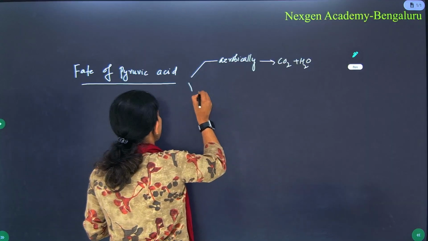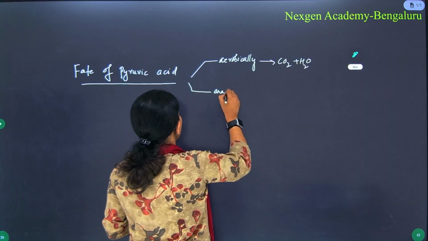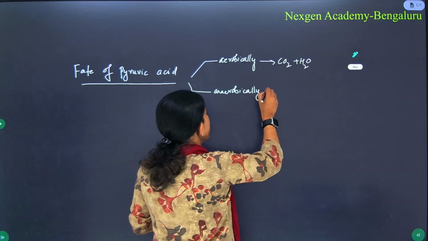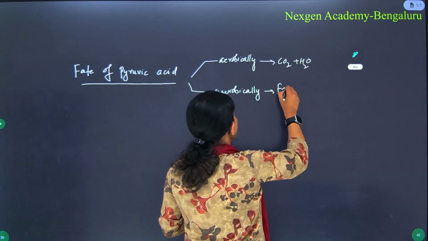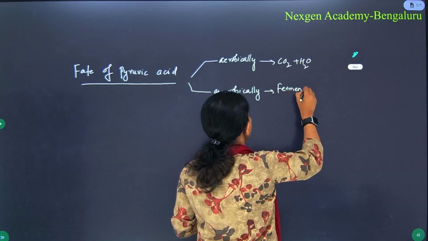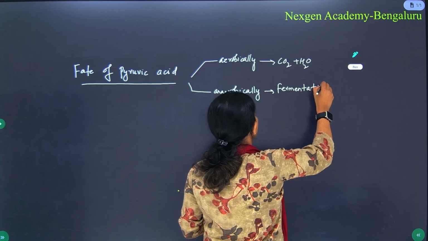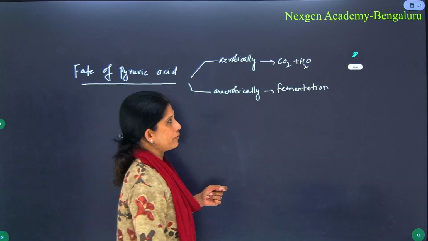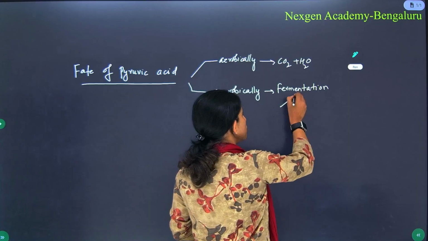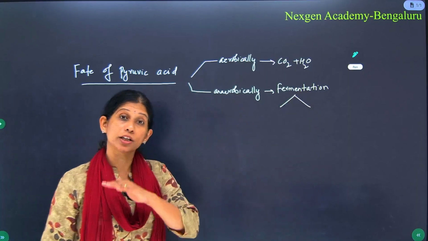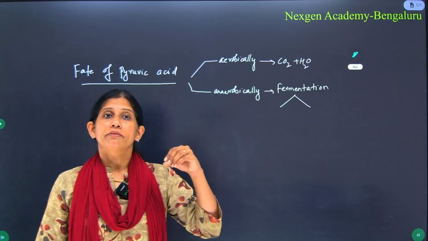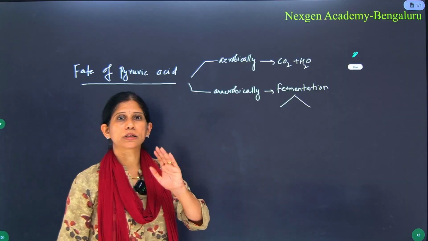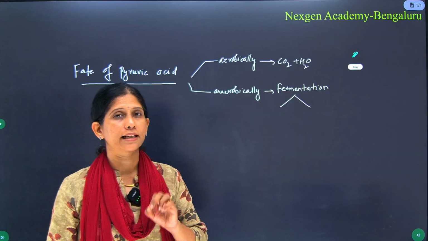At the same time, anaerobically, it will undergo the process of anaerobic respiration, which can also be defined as fermentation, right? Fermentation is of different types, but within our NCERT textbook, two types of fermentation are listed.